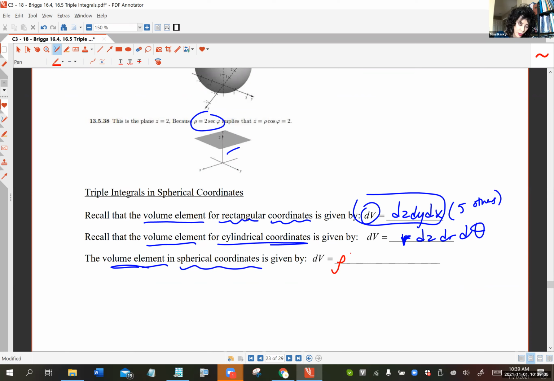It's rho squared times sine phi times d rho d phi d theta, and typically in that order. Rarely do they mess up the order for you on that. And if you're asked to set up a triple integral in spherical coordinates, if I were you, I would choose this order. It's just common.